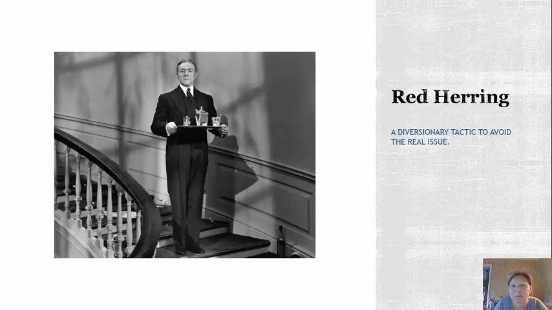So the red herrings are the tangents. They're the diversionary tactics to get us to avoid the real killer, the real issue. And we will do this ourselves. We will employ the red herring fallacy. We're at a family gathering, and people are talking about a political or a cultural event that we are underinformed on.